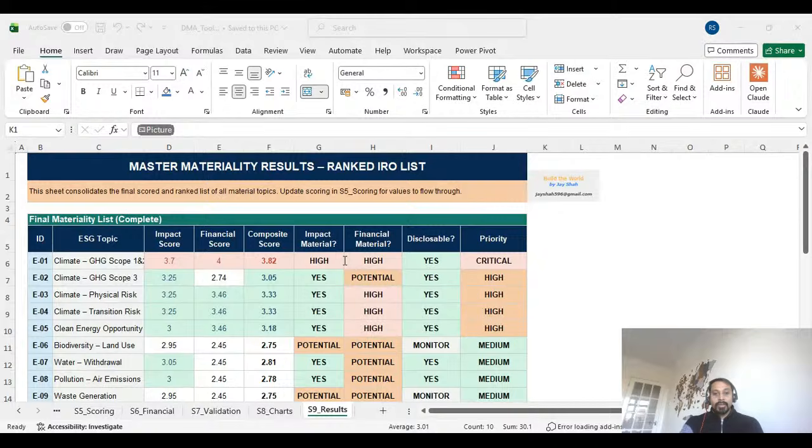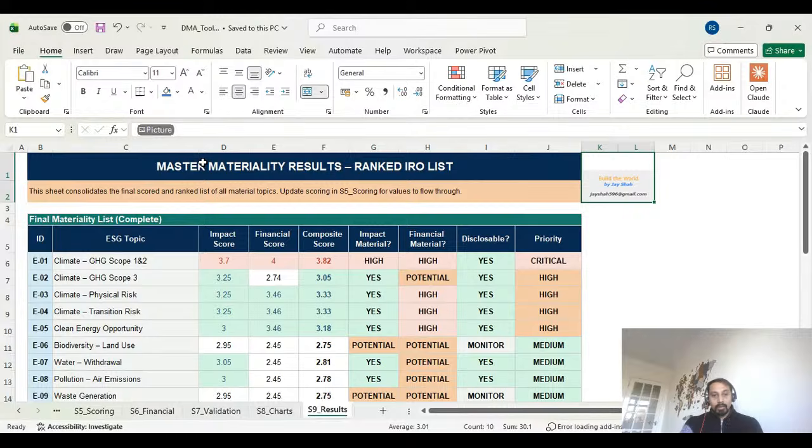For example, here you can see that climate GHG scope 1 and 2 is high impact and high financial. So marked as a yes for the potential of the disclosure, and priority is critical for that.